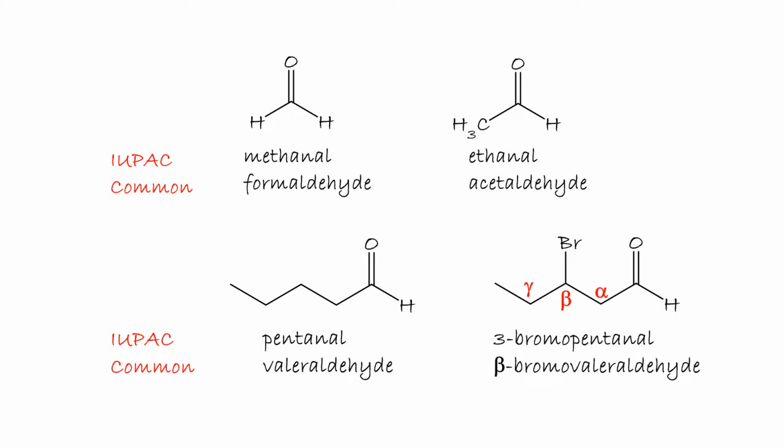Let's try to name. Here we have only 1 carbon, so that is methanal. Common name, formaldehyde. Here is 2 carbon, ethanal. That is acetaldehyde, the common name. IUPAC, pentanal. Common name, valeraldehyde. Here we have this carbon next to the aldehyde: alpha and beta.